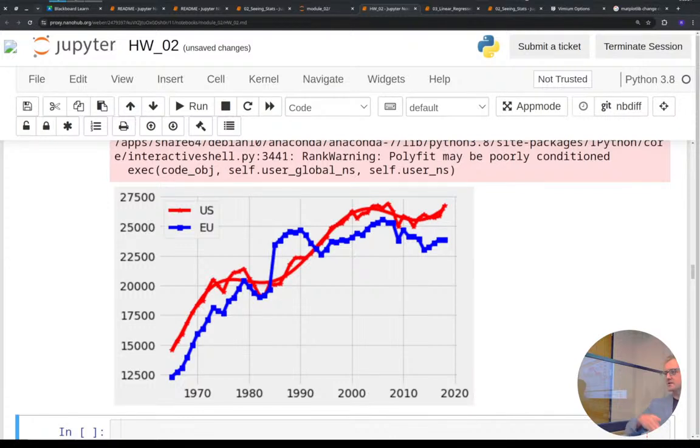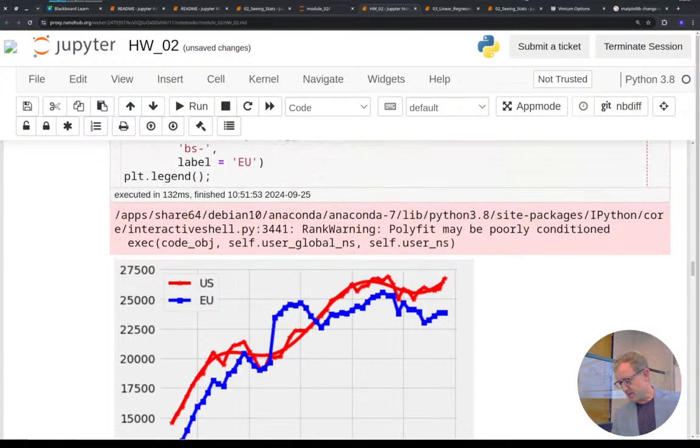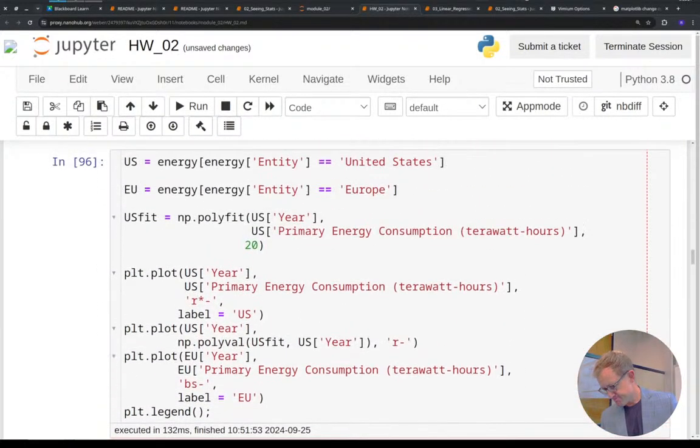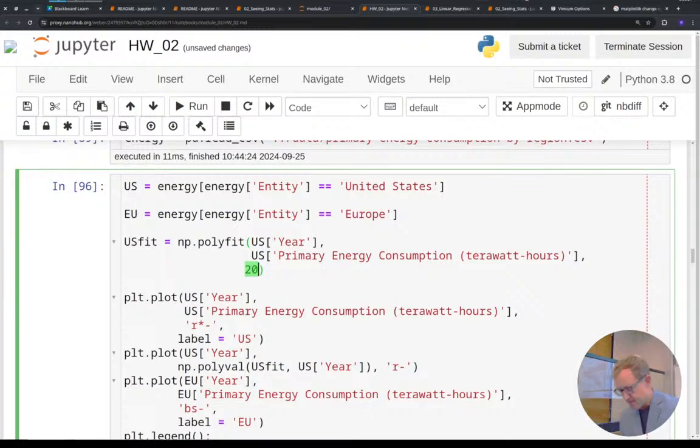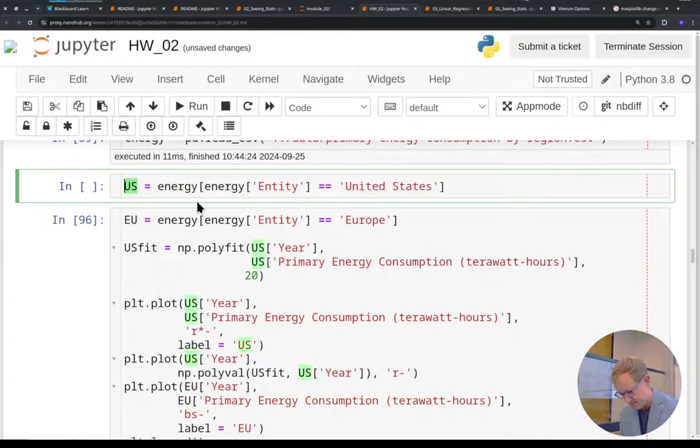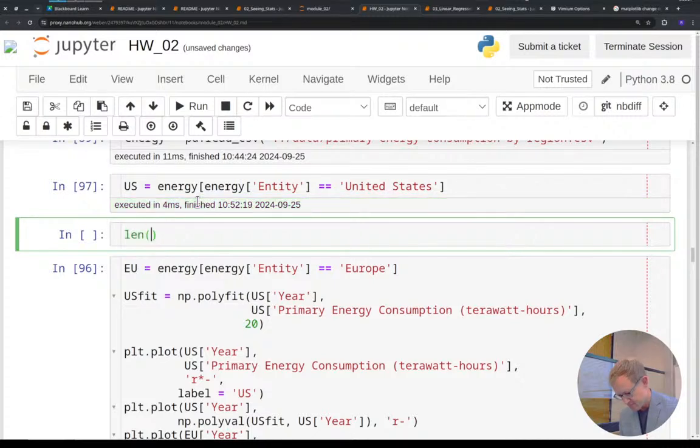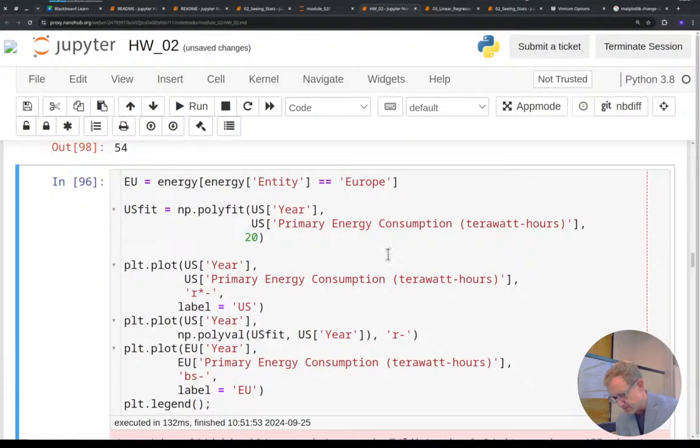So why don't we just use higher and higher order polynomials? How big is our data frame? That's my first question. 54.